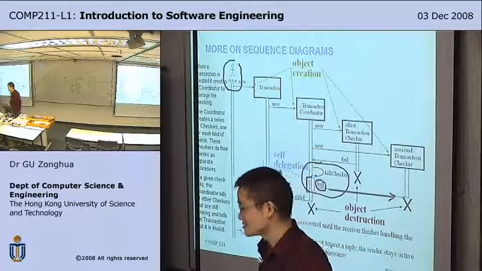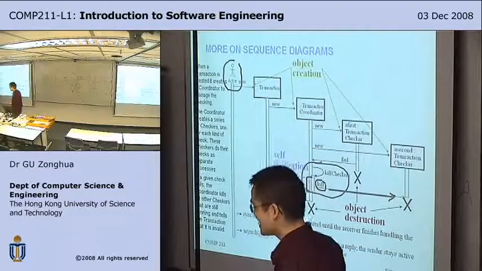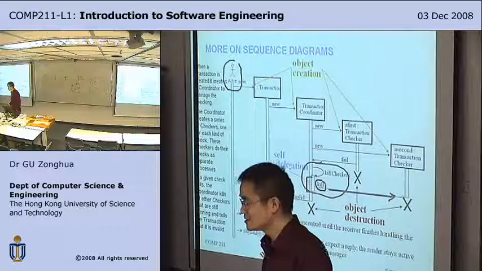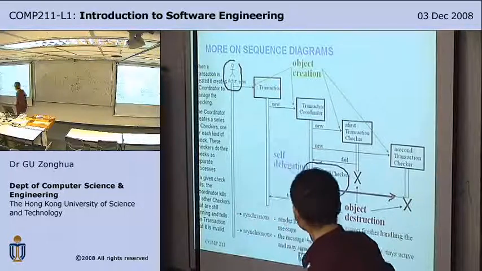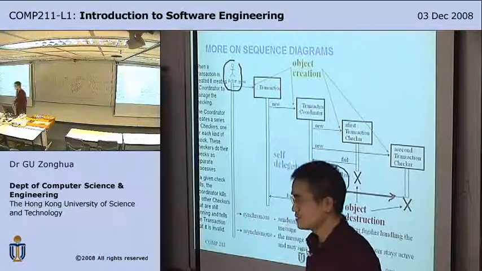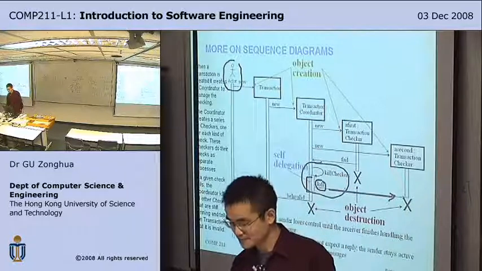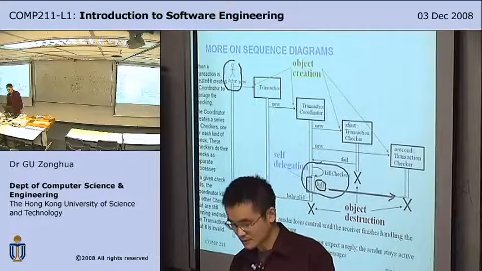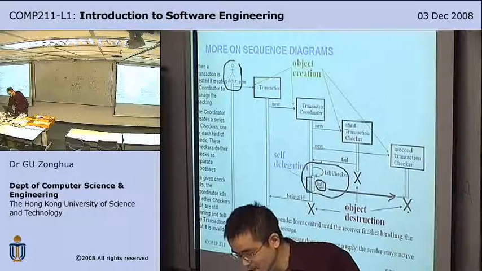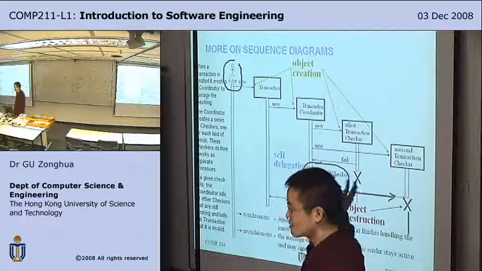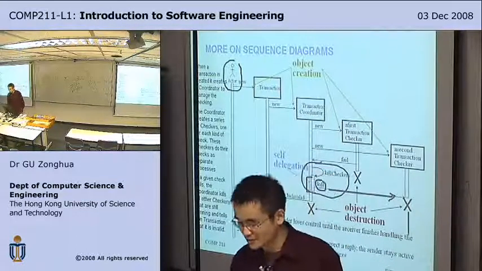It's not a keyword. It's really just a message indicating that, okay, you should kill yourself now. Even if you don't have the message, that object can also kill itself automatically after it's done its work. Exactly. After this, there's no more lifeline. After the cross, it's gone.